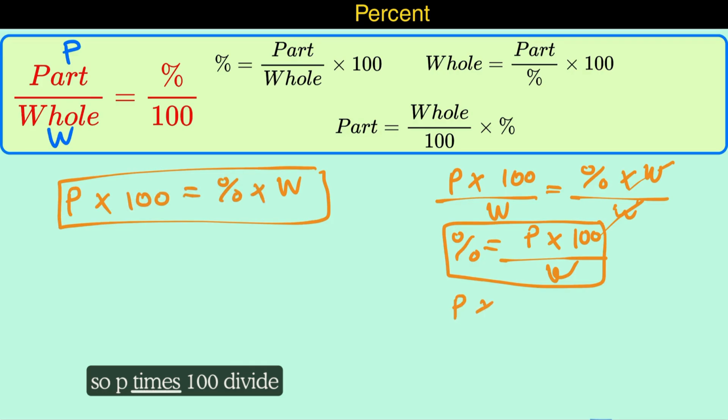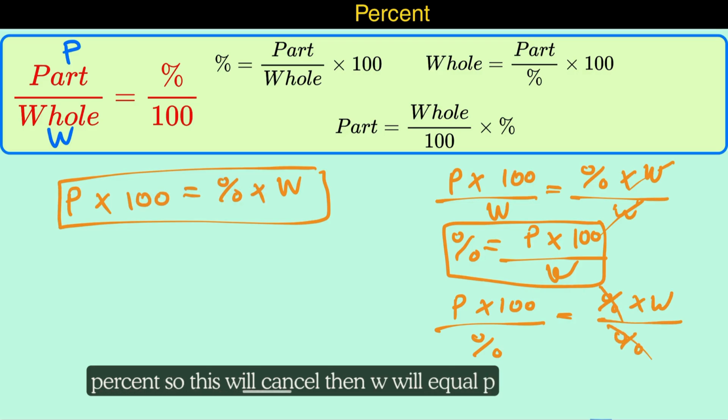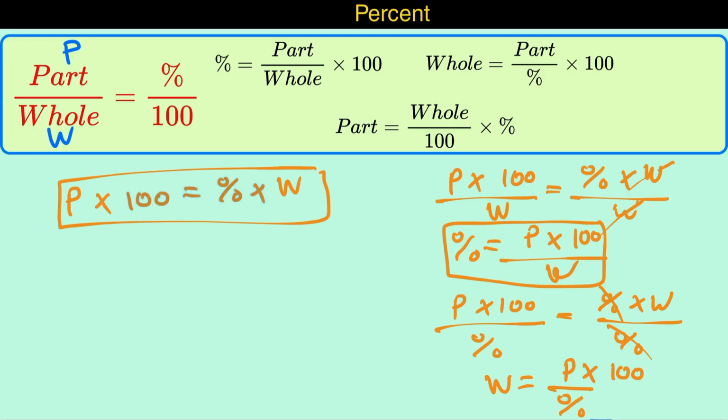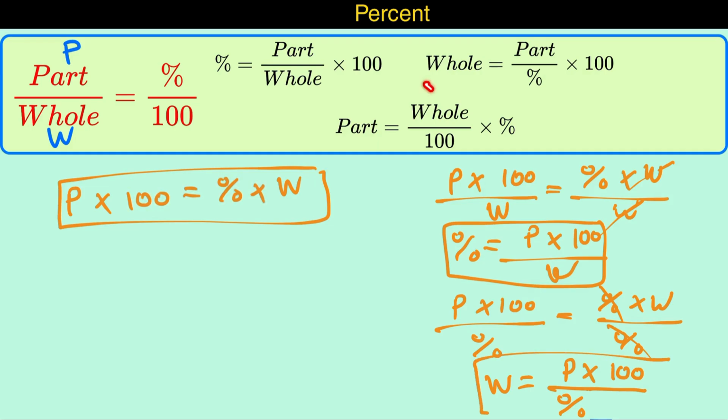So P times 100 divided by percent is equal to percent times W over percent. So this will cancel. Then W will equal P times 100 over percent. See it? Which is this one here.